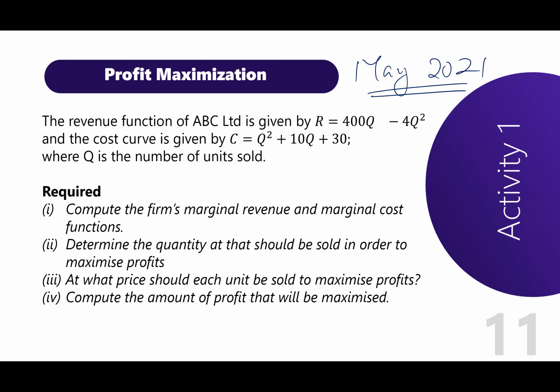We were given this question and we are required to determine the company's marginal revenue, marginal cost, the quantity at which we shall maximize profits, and then the price at which we should sell in order to maximize the profit, and the profit to be maximized. So I'm giving you 5 minutes to write the question in your books because this is going to support our foregoing discussion. Let me know when you're done. I unmute. We continue.